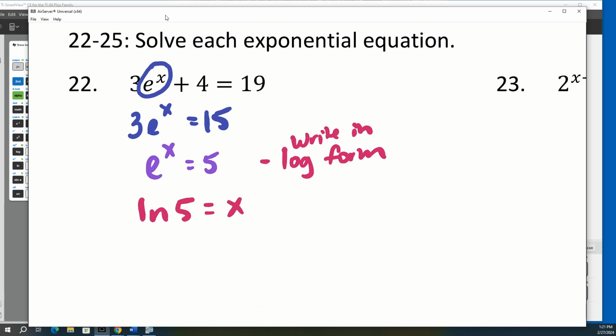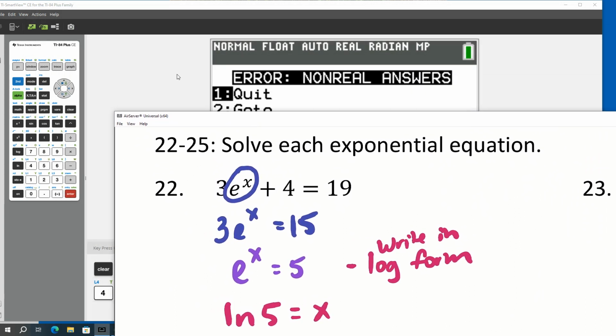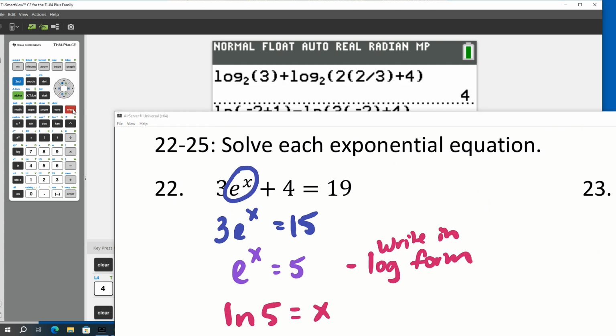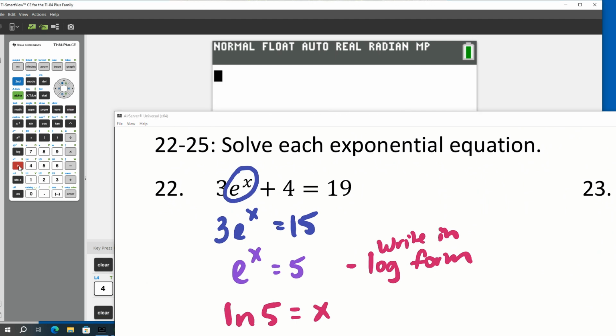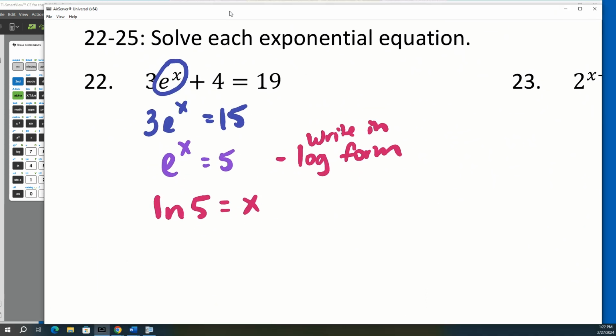And then you just use your calculator and figure out what the natural log of 5 is. 1.6. Yeah. So the natural log button is just always right beside the 4-ish, kind of diagonal on yours. That's it. That is what x is, approximately.